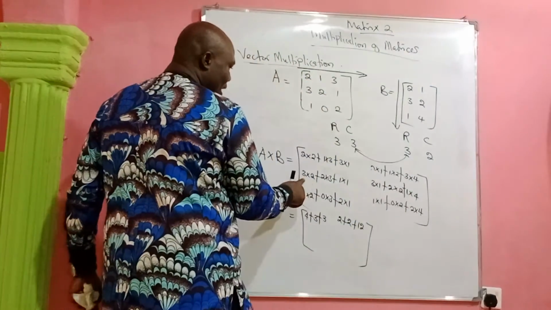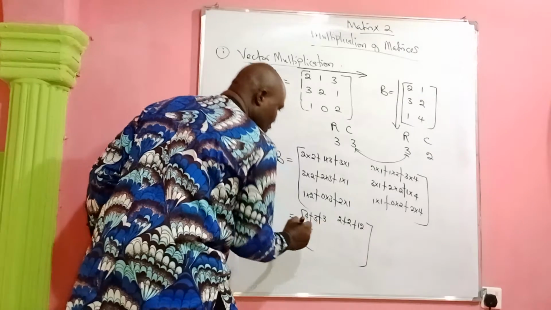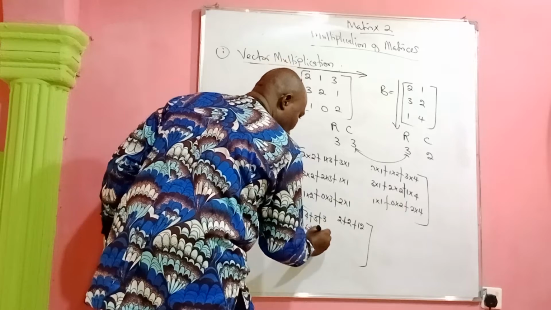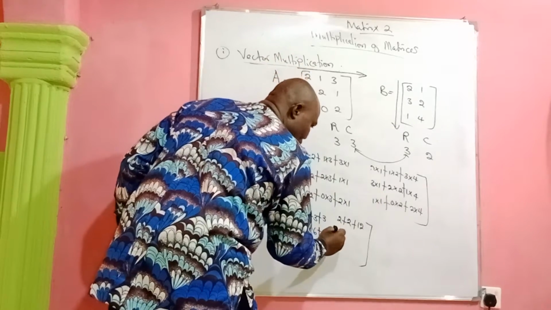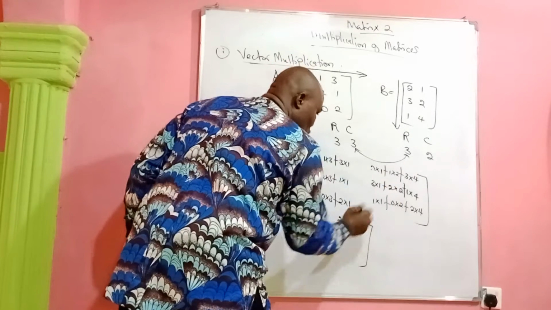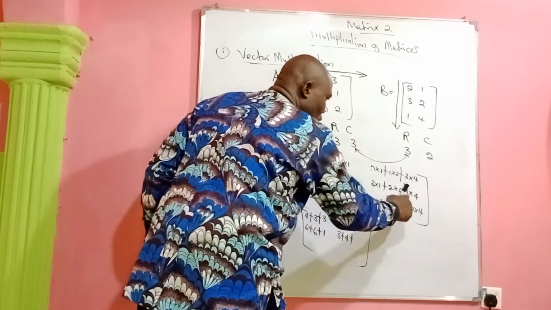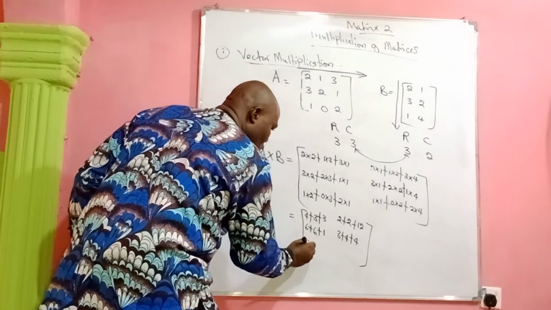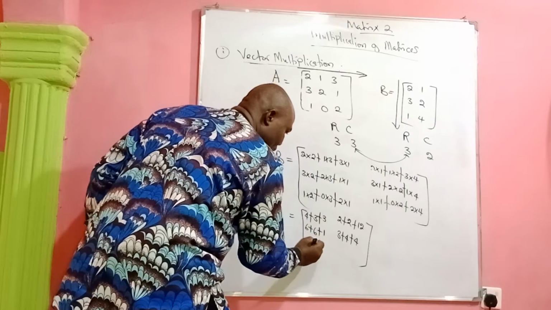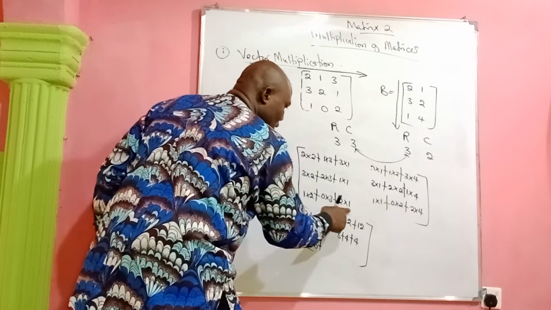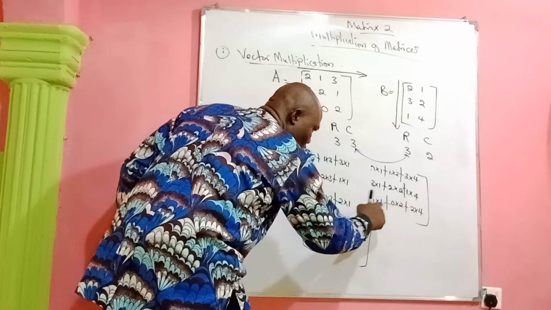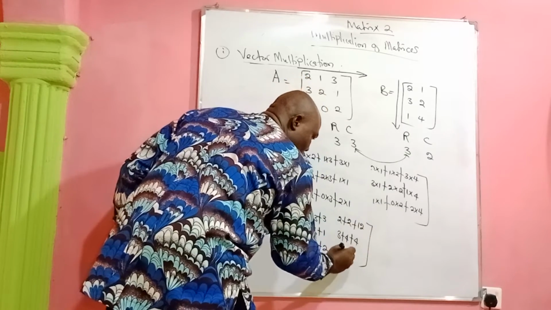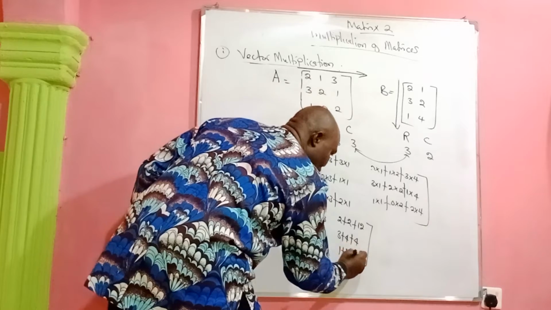I move to the next line. 3 times 2 is 6 plus 2 times 3 is 6 plus 1 times 1 is 1. 3 times 1 is 3 plus 2 times 2 is 4 plus 1 times 4 is 4. Then we take the last one. 1 times 2 is 2 plus 0 times 3 is 0 plus 2 times 1 is 2. And then the last one. 1 times 1 is 1 plus 0 times 2, 0 plus 2 times 4, 8.